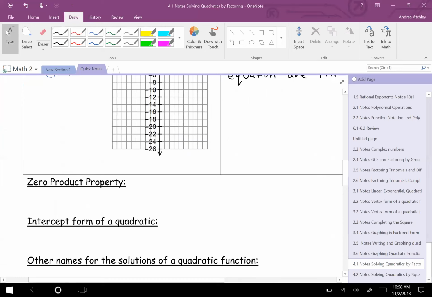Okay, the zero product property is: if two factors are equal to 0, then one or both factors are 0.